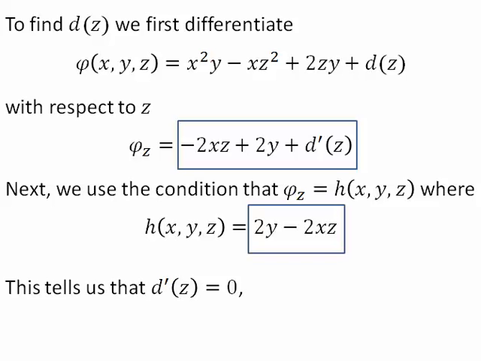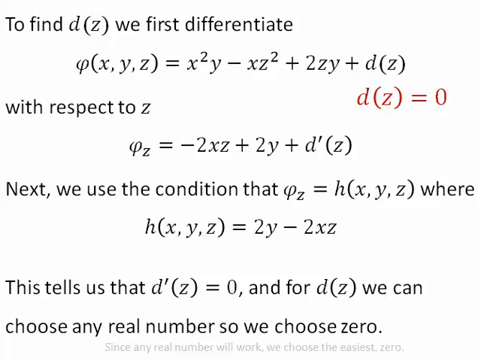And we do a comparison and discover that the derivative of d with respect to z would have to be 0. And so that means that d is a real number, and we can choose any real number we want, and I'm going to choose the easiest one, 0.